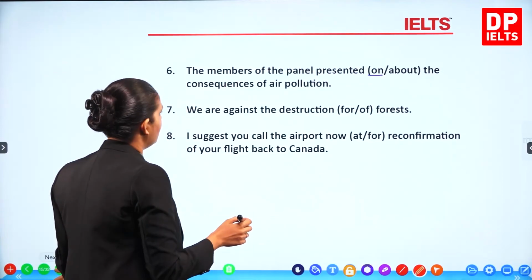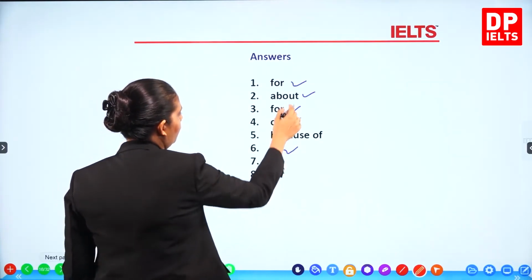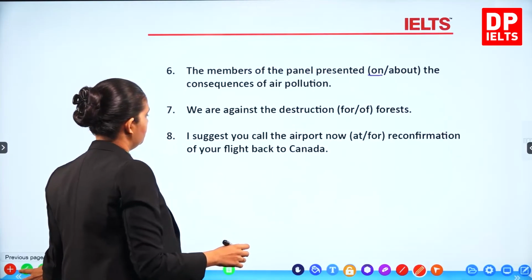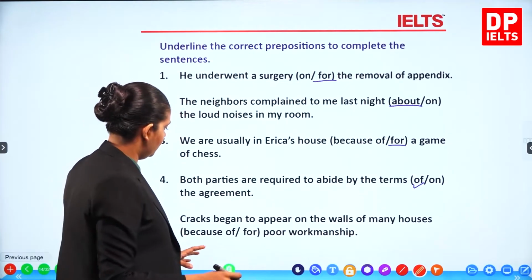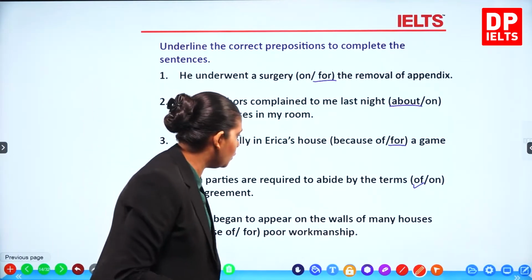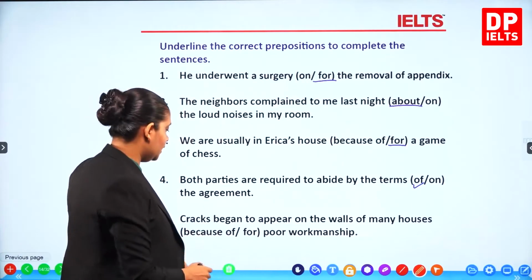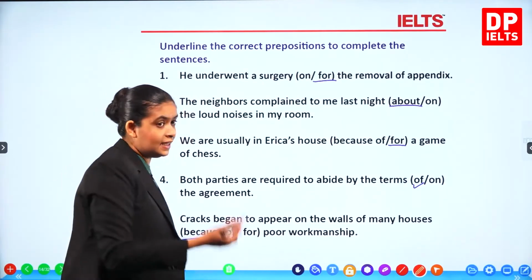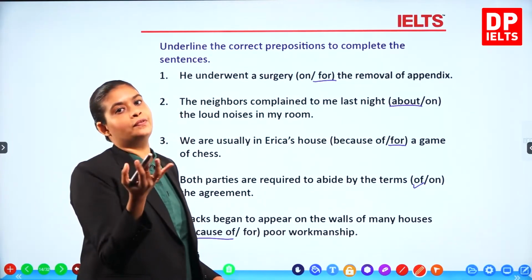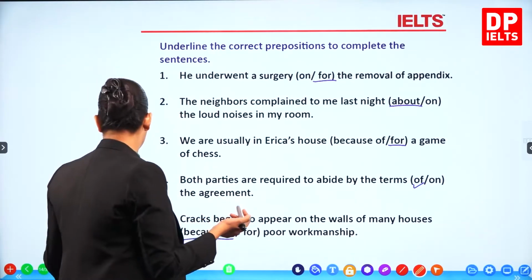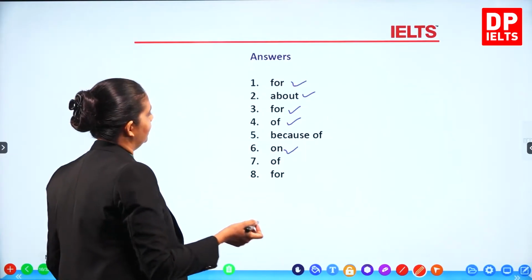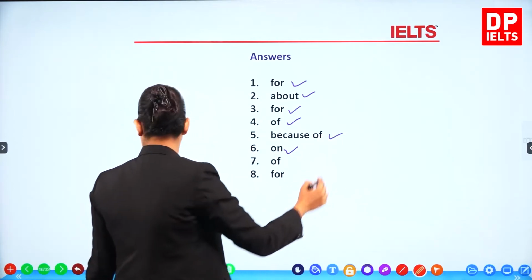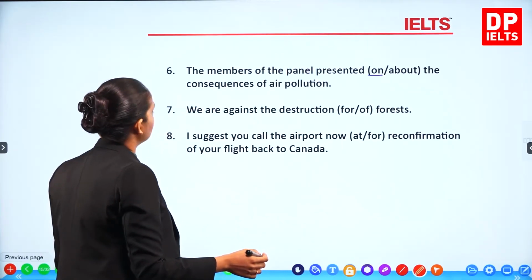So let's see if our answers are correct. For and of is perfectly fine. Fifth one, cracks began to appear on the walls of many houses. What is the reason? Because of the poor workmanship again, and that is also correct. Let's have a look at the last two.